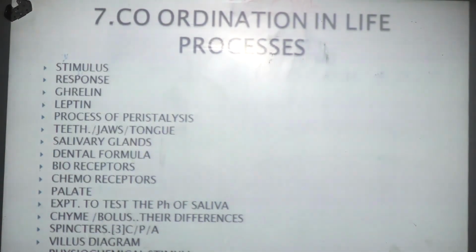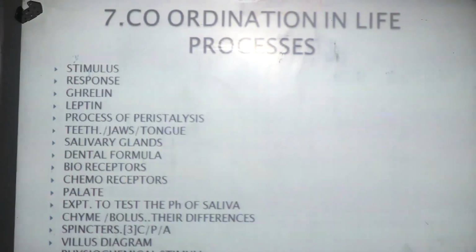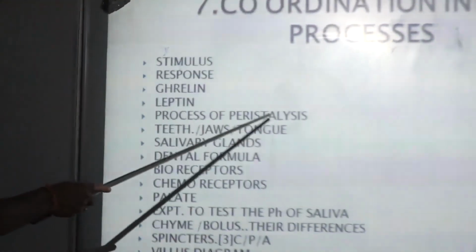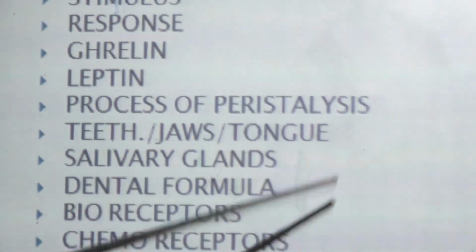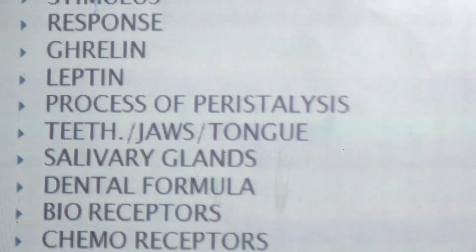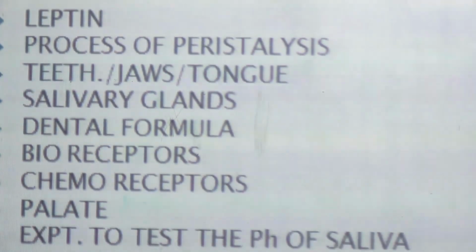The muscles are 3 types in the esophagus: circular, oblique, longitudinal. These points are not there in the textbook. You have to get them from outside sources. Okay? And the movements are very accurate. With the help of this particular process itself, the food is passed through the digestive system. So that's why the human gut is called the second brain.